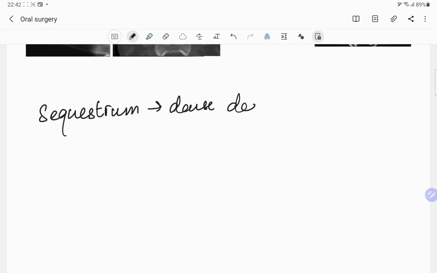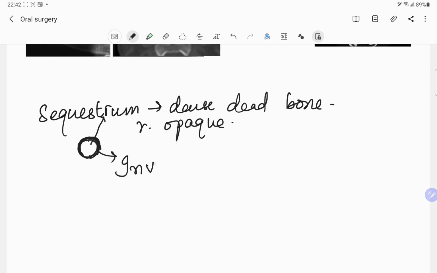Dense dead bone, which is basically white and light in radiograph. So that is radio opaque. And surrounding this radio opacity, this is sequestrum. Surrounding this radio opacity, you will find the radio dense mass, which is our involucrum, which is our new periosteal bone.